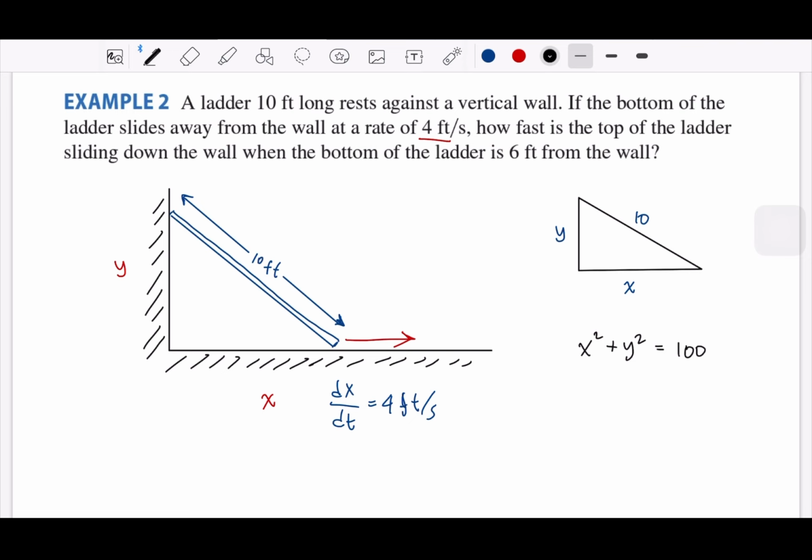Now, as usual, to get the rate, we are going to differentiate with respect to t. So we are going to have 2x dx dt plus 2y dy dt equal to 0.